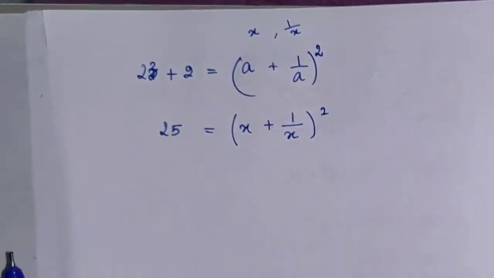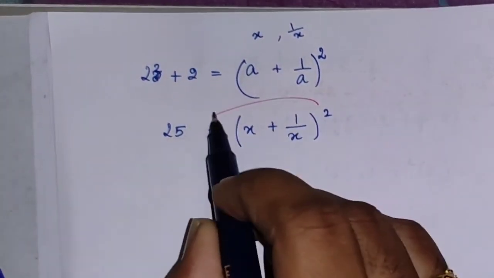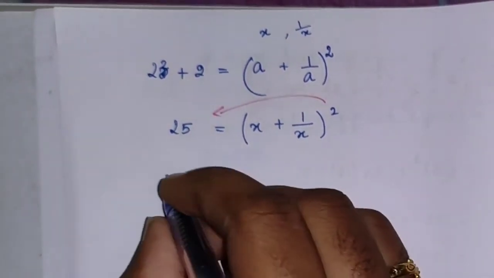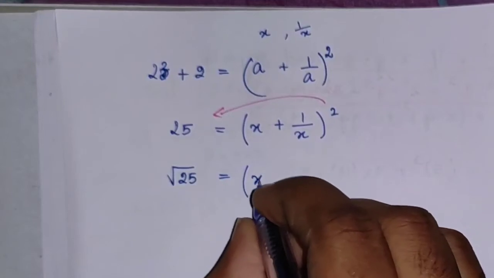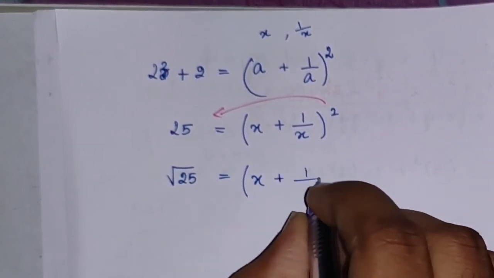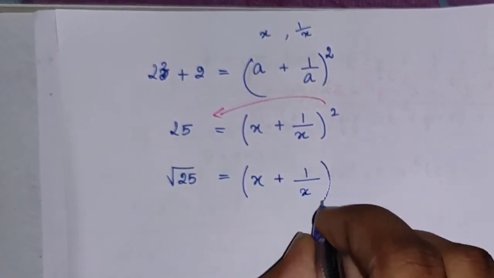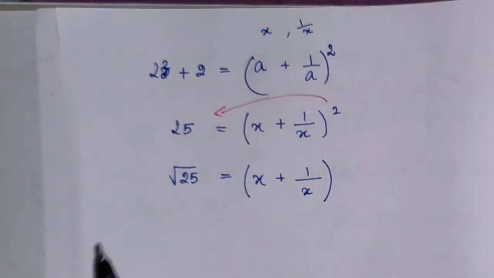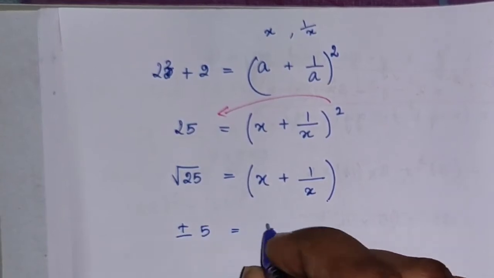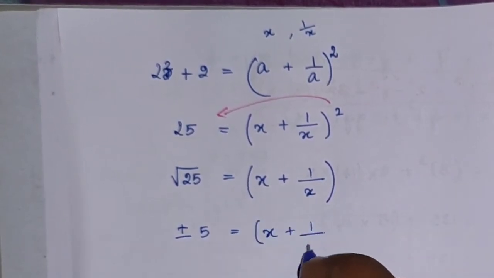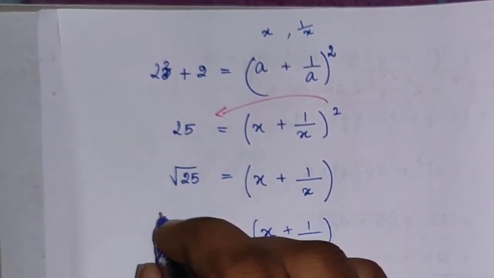Now take this square to the other side. So root 25 is equal to x plus 1 by x. So root 25 is nothing but plus or minus 5 is equal to x plus 1 by x.